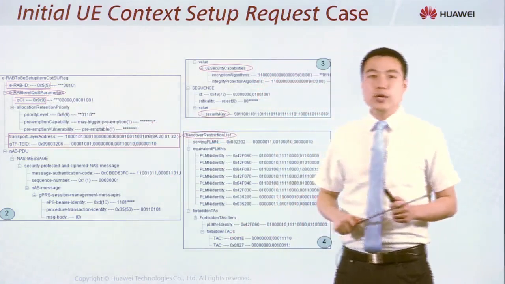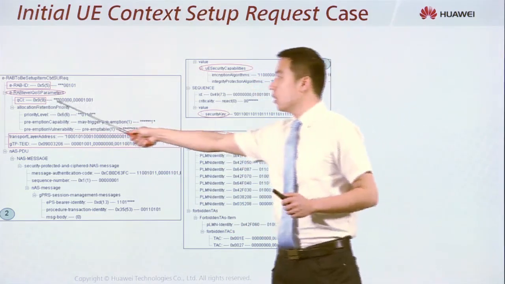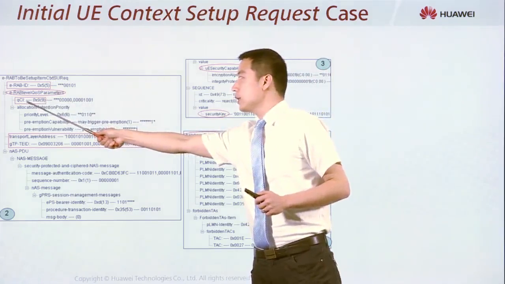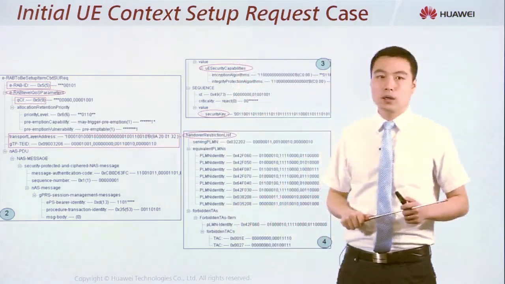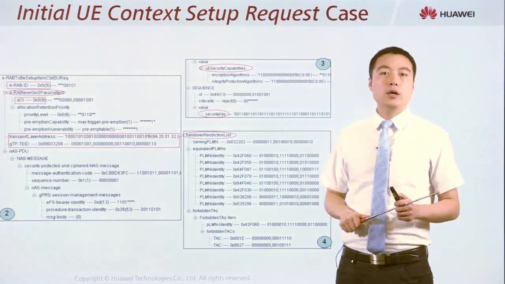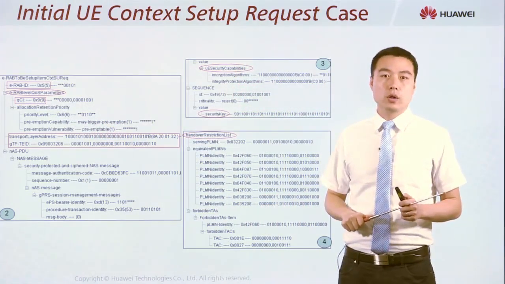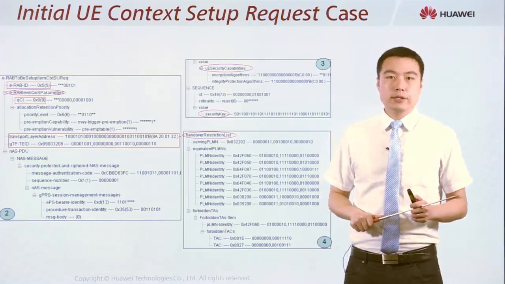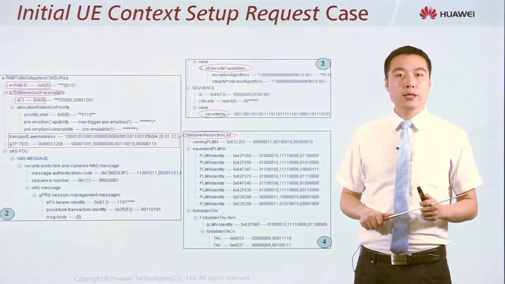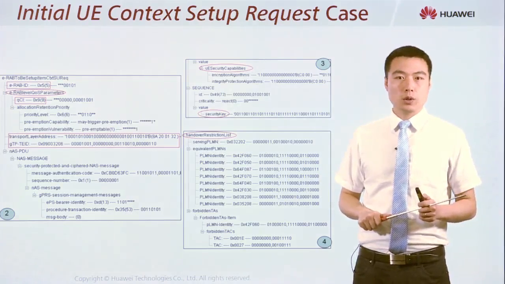QCI here means quality of service class indicator. For quality of service, we call it QoS for short. Different services have different QoS requirements, but in total, we divide all the services into 9 different classes.